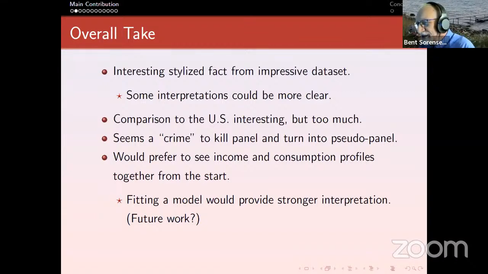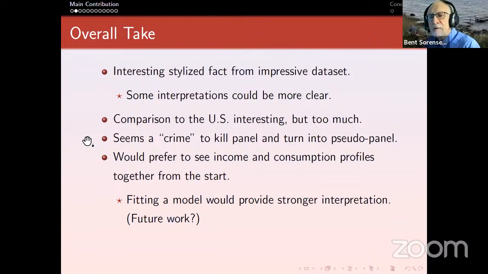To my taste, I didn't really want to see all those tables, but rather jump down to the bottom, to see the consumption profile next to the income profiles. I would like to see a lot more of that. And yes, we should start with comparing to the US, but maybe not continue doing that. Okay, so that's a little bit to my taste.